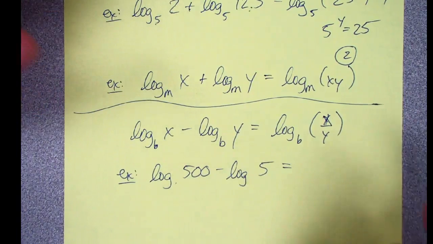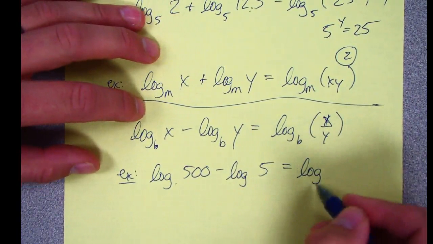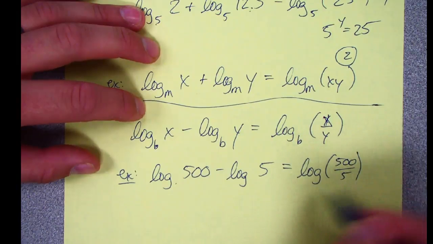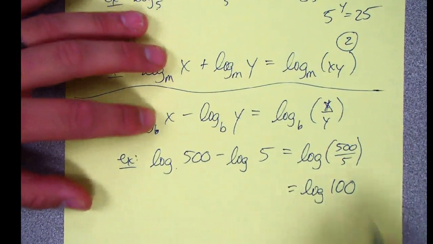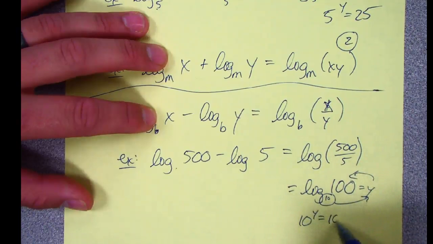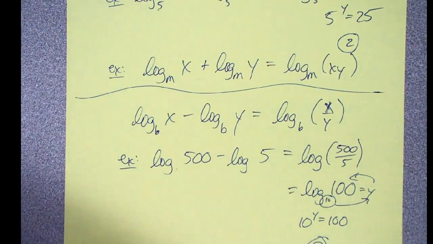So I need a calculator, I've got decimals going on, it's going to be tough. So this rule allows me to say that's really log of 500 divided by 5, which is really log of 100. Again, remember there's a 10 down there. Set it equal to y, so it's saying 10 to what power equals 100, and we know 10 squared is 100, so our answer will be 2.